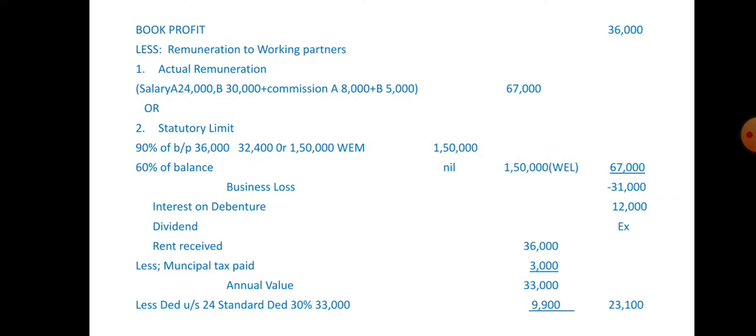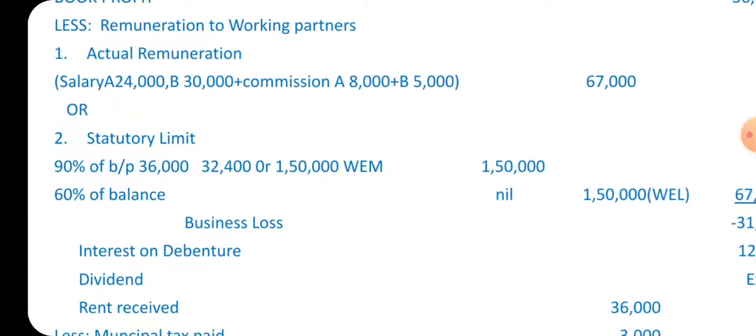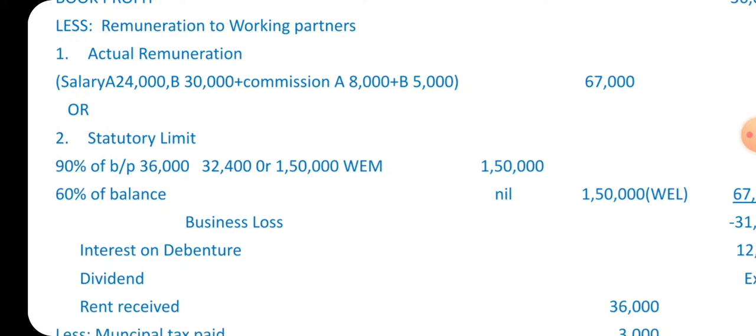After taking book profit, you take the heading less remuneration to the working partners. What do you have to take? Remuneration to the working partners. First point there is actual remuneration. Actual remuneration means you have to add three things here: salary, commission, and bonus, given only to the working partners.